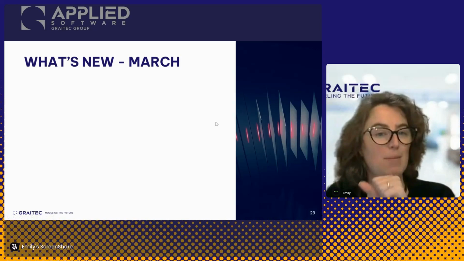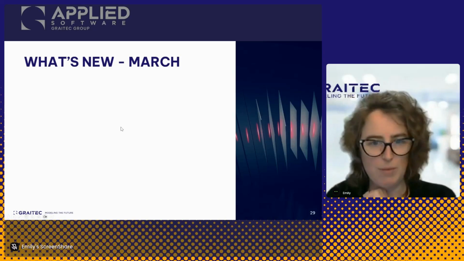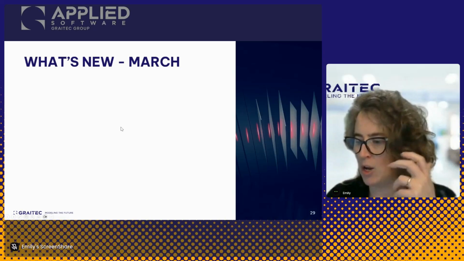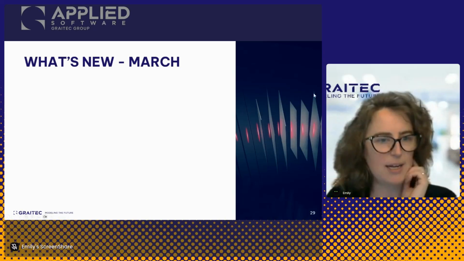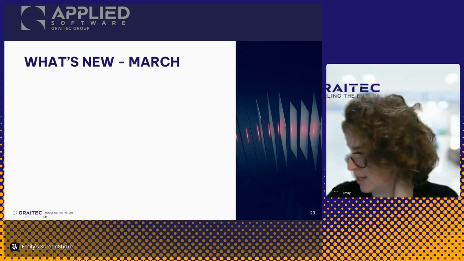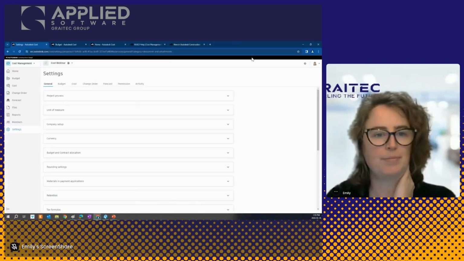Now, if I had time, I was going to go through some what's new. And I mean, we do have a few minutes. There are some resources online to follow for this. And I think I have them in my other browser.